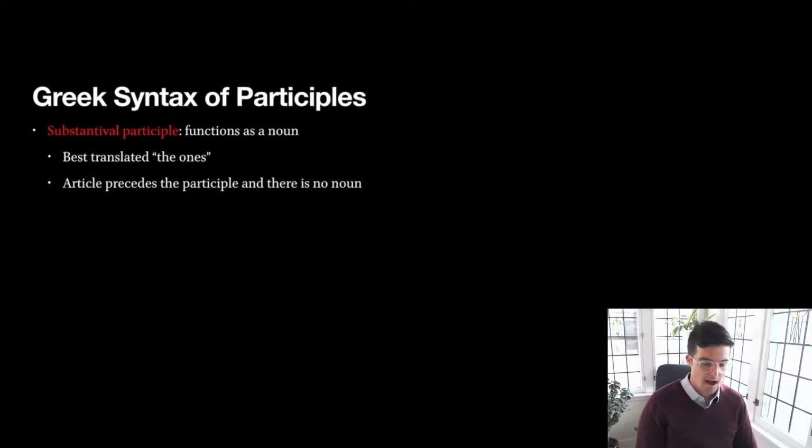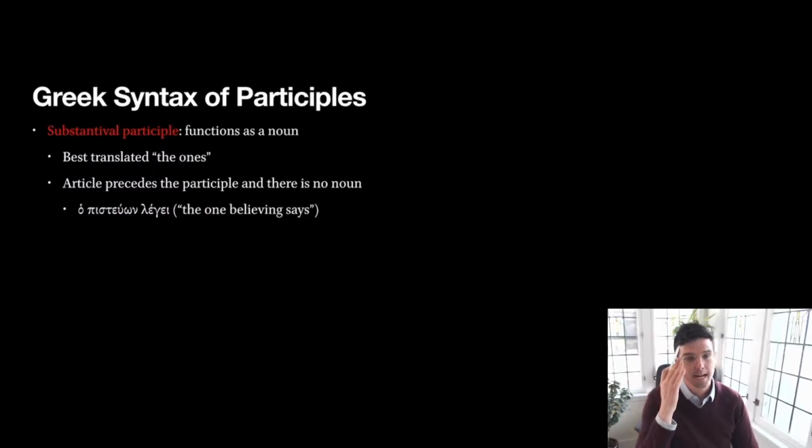We've said that this is often translated 'the ones,' and the syntax here is going to be that the article precedes the participle and there is no noun because the participle is standing for the noun. So to use the same participle, pisteuon, notice that the article is right before it, and this is going to tell us actually the case, gender, and number of the participle. So this is a nominative masculine singular.